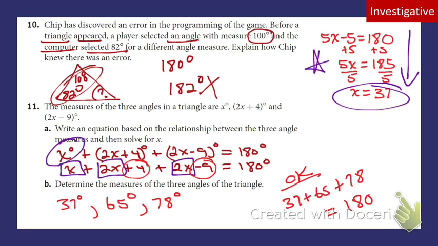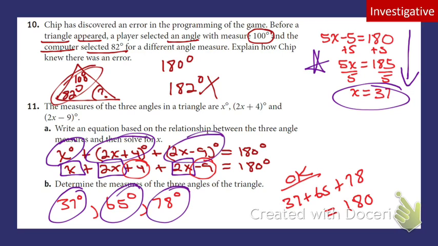So your first angle is 37 degrees. When you substitute x in your second angle, you're going to get 65 degrees. And when you substitute x in your third angle, you're going to get 78 degrees. And the last thing Miss Smith always does, I always check to make sure that my answers are correct. So I added all three of them together. And because they equal 180 degrees, I know that I am correct. Let's move on.